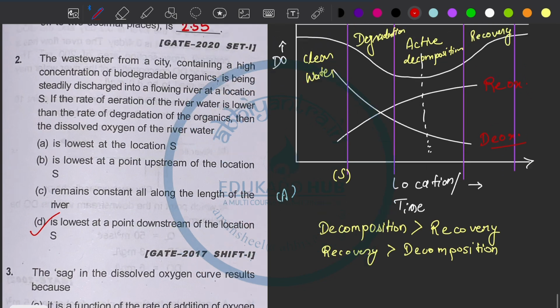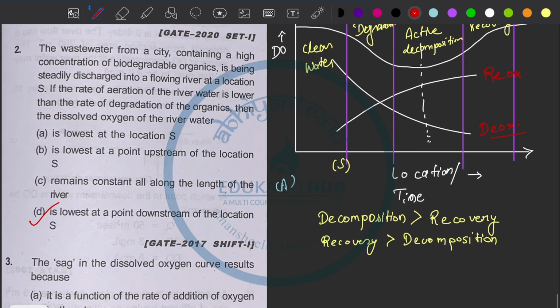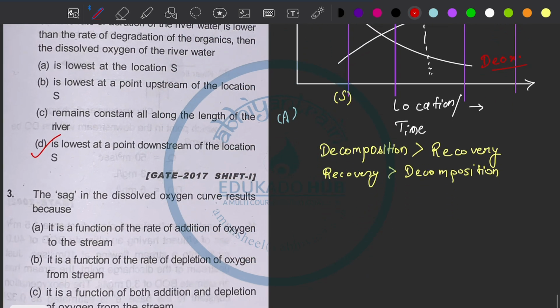Obviously your DO is a mixture of both, that is, a function of deoxygenation as well as reoxygenation. Then only it gets decomposed, and the dissolved oxygen decreases and then it increases. So we can say it is a function of both addition and depletion of oxygen.